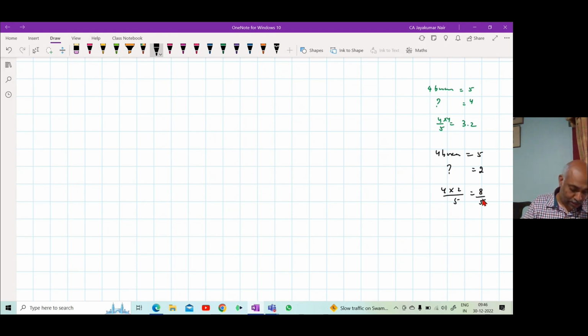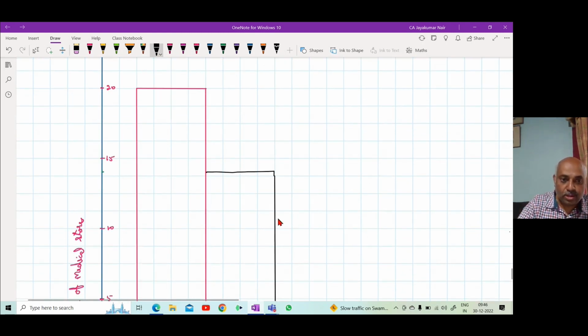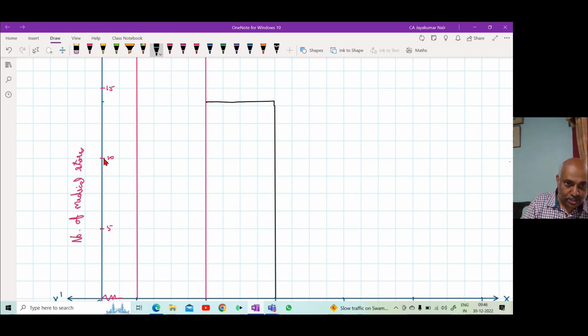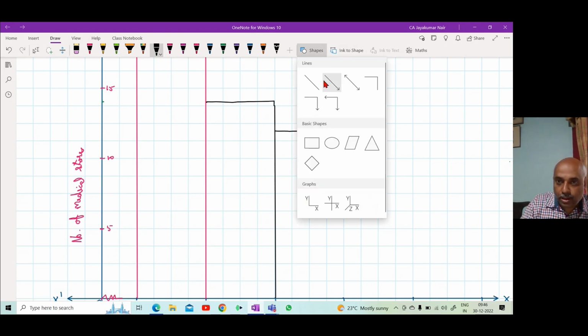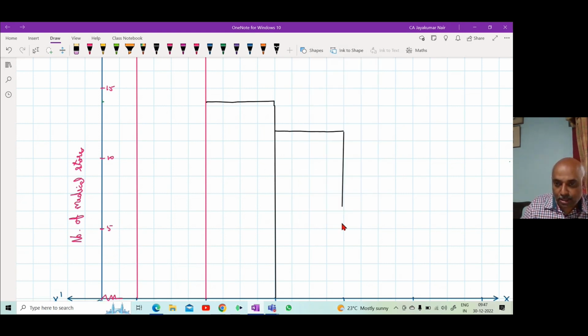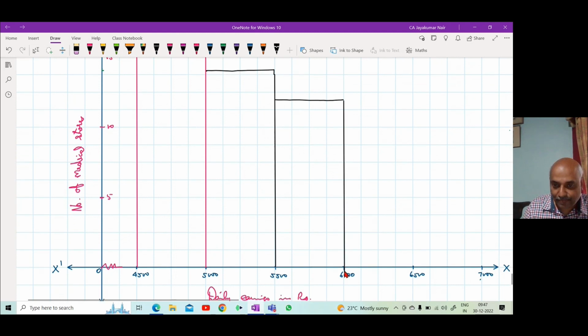So 8 over 5 is 1.6 boxes. So 12, 1.6 somewhere here. I will draw 1.6. And then I will draw a horizontal line.